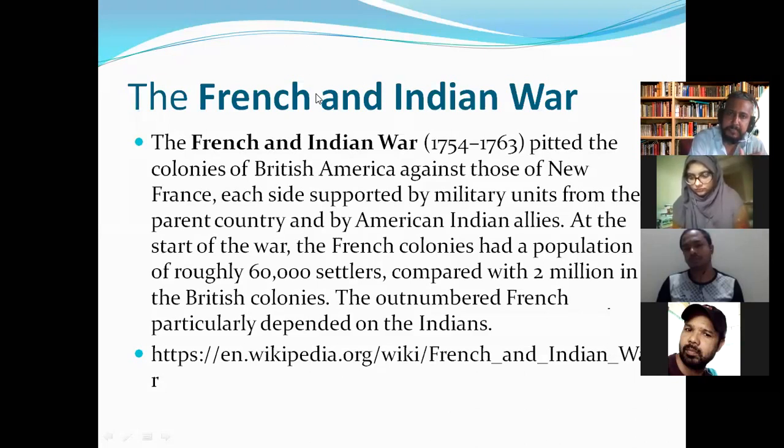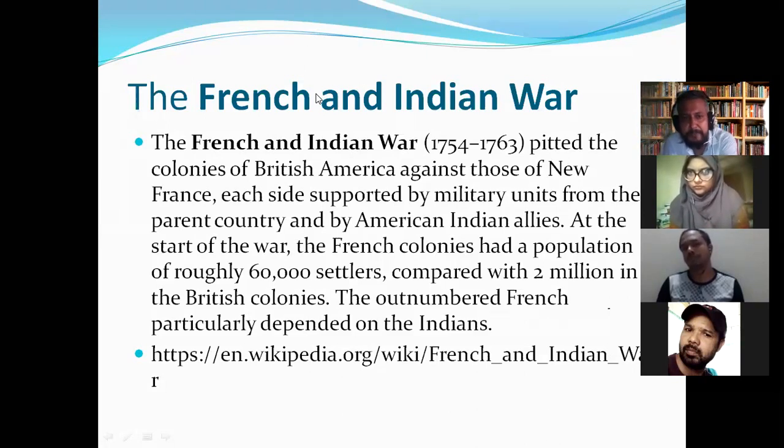That means in the second half of the 18th century, the number of French people living in Canada is roughly 60,000. However, in comparison, 2 million British people had been living there. That means on one hand 60,000 French people, but 2 million, that means 20 lakh, British people had been living in Canada at that time.